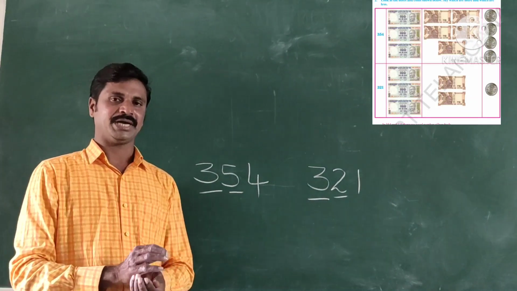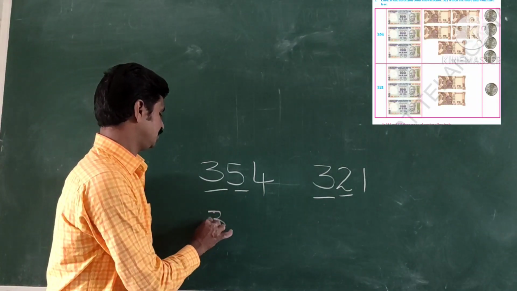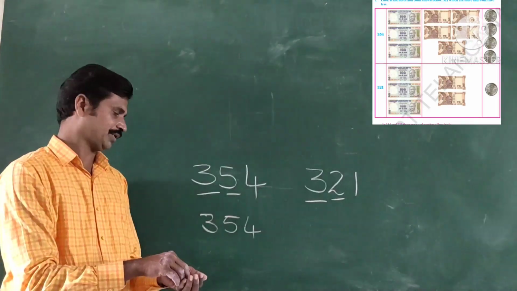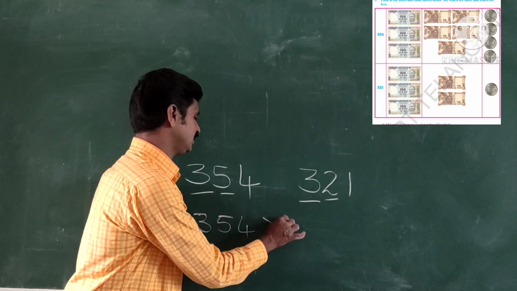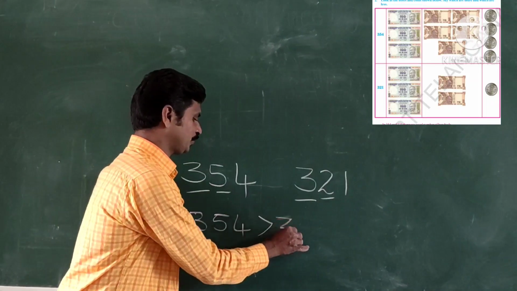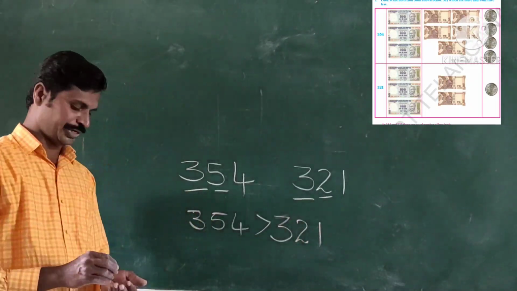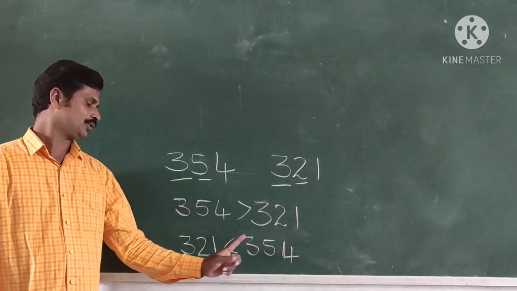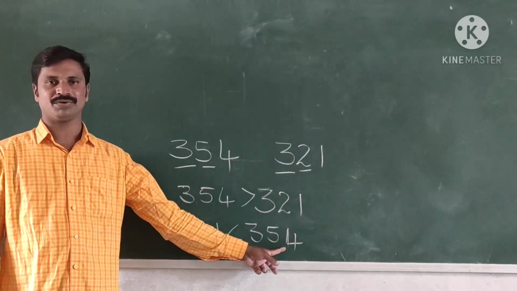Okay children, now I am writing here. You see here: 354 is greater than 321. 321 is less than 354.